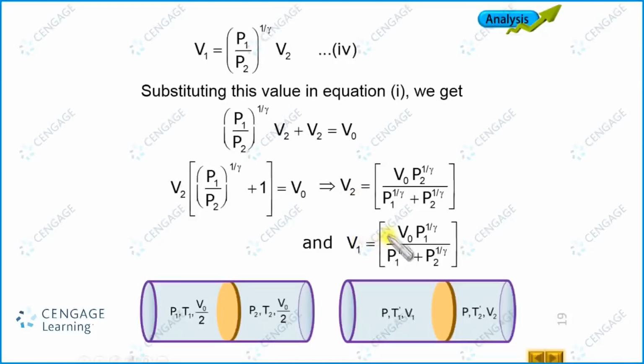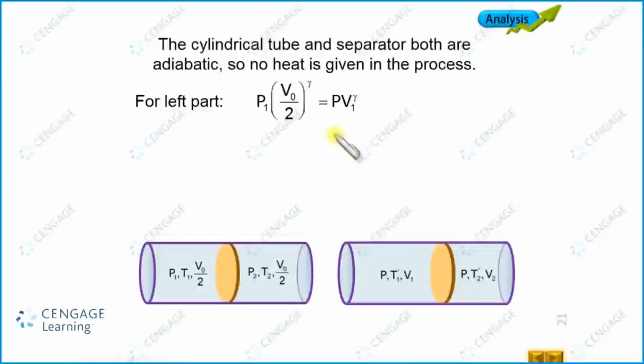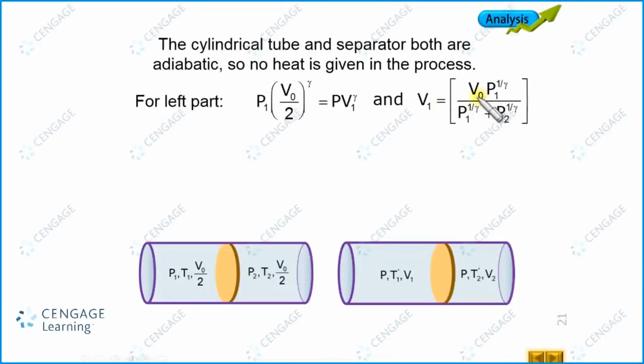V1 is equal to V naught P1 to the power 1 by gamma overall divided by P1 to the power 1 by gamma plus P2 to the power 1 by gamma. Now we can substitute the value of V1 in this equation. We will get the value of P.